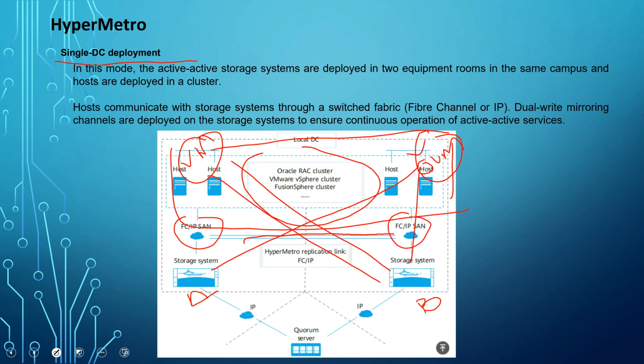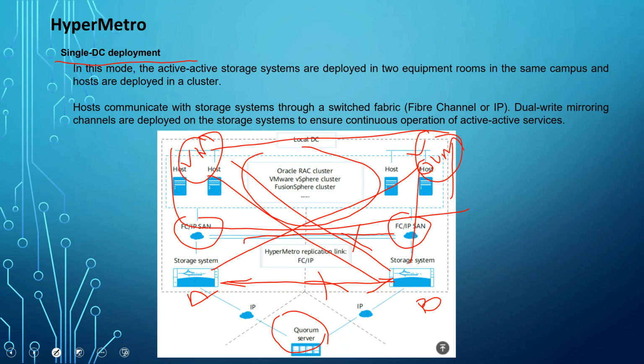And this is the Quorum server. As we discussed, we need a Quorum server for arbitration. For example, if we have an issue with the heartbeat, and both storages are active, then both storages will not be aware of the status of the data. So you need a quorum server which can decide which storage should be active. If there is a heartbeat failure and the replication links are down, there will be no replication.